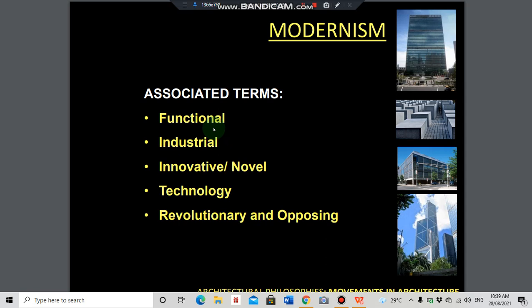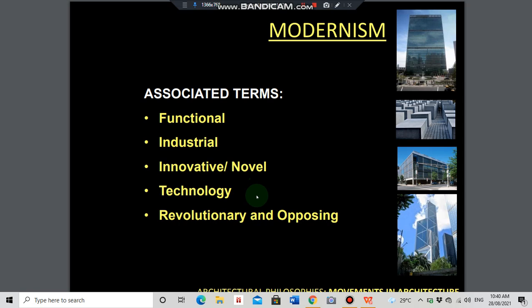Then industrial means it is stronger of its kind. So very massive, and andun yung kanyang structurally fit dun sa kanyang laki. No? So that is, meron siyang firmitas, sabi ni Vitruvius. Then, innovative.